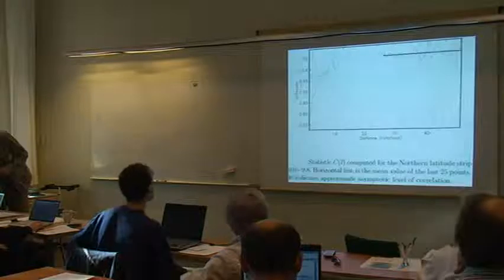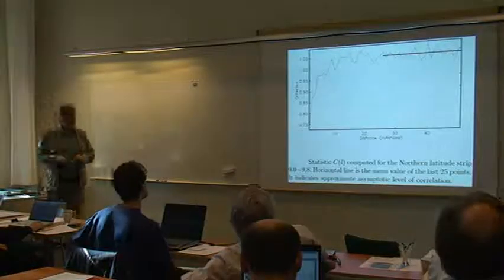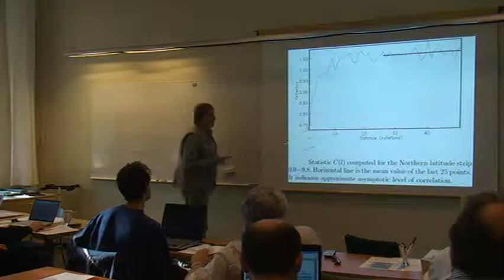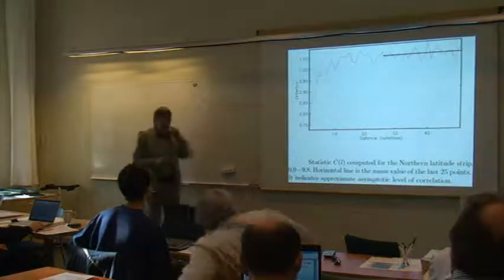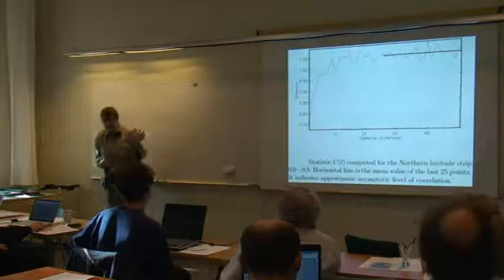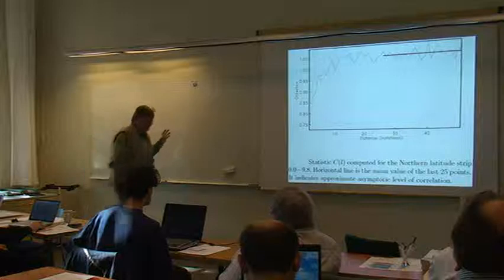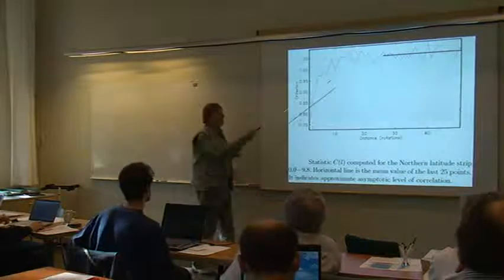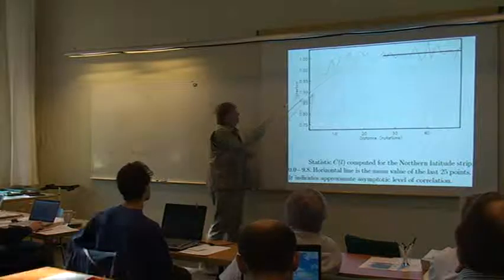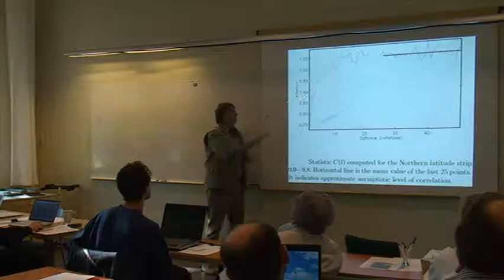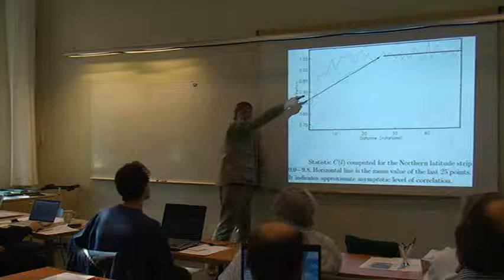And at the end of the day, we can get this kind of correlation curve where you can see that if there are some correlations, and if these active regions exist, then not a very long time, maybe from here to here, that's up to you. It's very hard to tell now where you will get the asymptotic level.